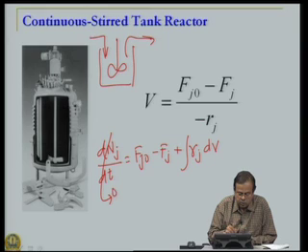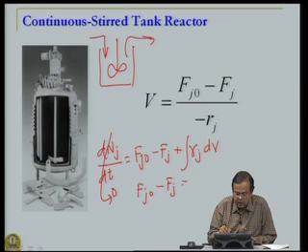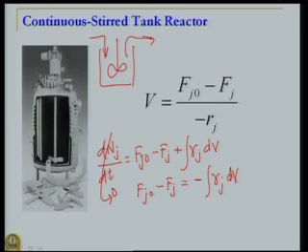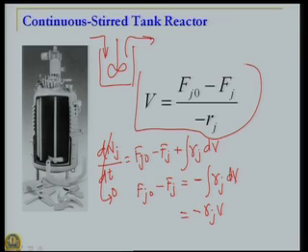At steady state, dnj dt is 0, so we are left with Fj0 minus Fj plus integral Rj dV, but once again we have uniform conditions in the reactor. So, this is nothing but Rj into V, and we have our mass balance equation for a stirred tank reactor, V equal to Fj0 minus Fj by minus Rj.